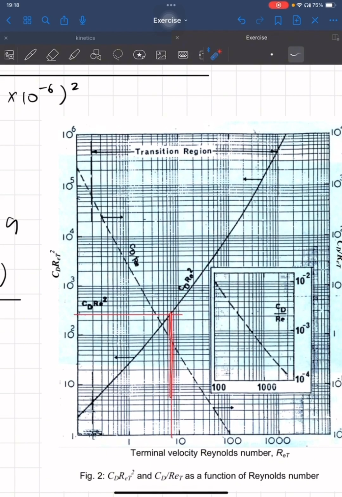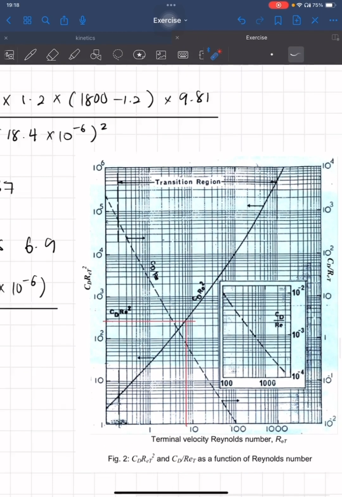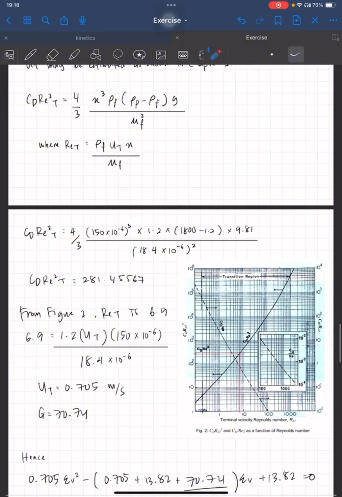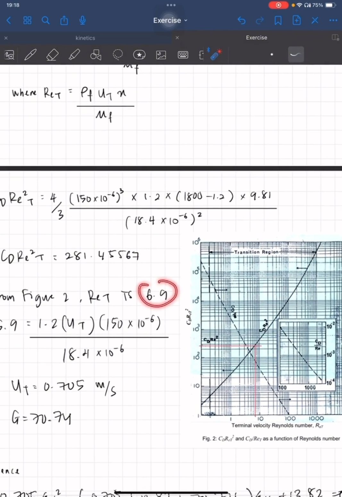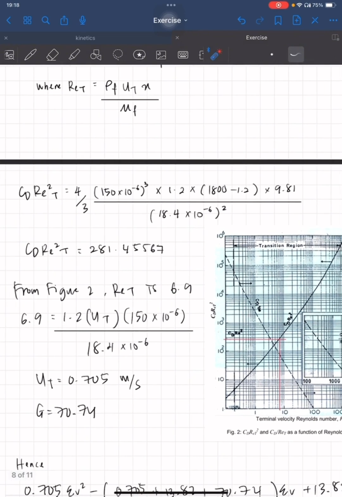Then I go to the bottom of the graph to take the reading, and from this figure the Re_t reading is 6.9. So the 6.9 is used in these equations to find the terminal velocity, which is 0.705.